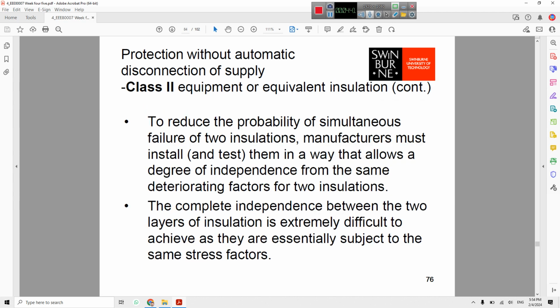To reduce the probability of simultaneous failure of two insulations, the manufacturer must install and test them in a way that allows a degree of independence from the same deteriorating factor for both insulations. So we have to consider this. But of course you can use one layer of the same material but with more thickness. This can be interpreted as two-layer protection.